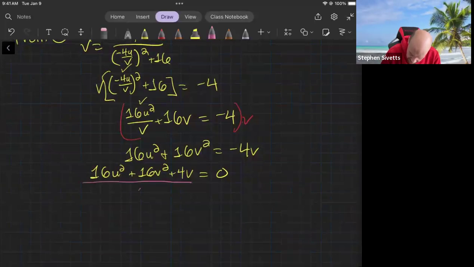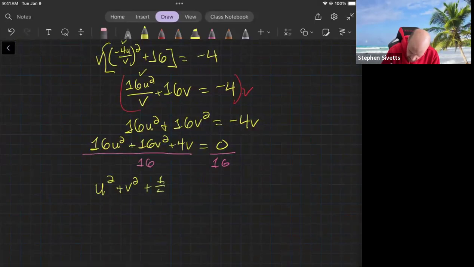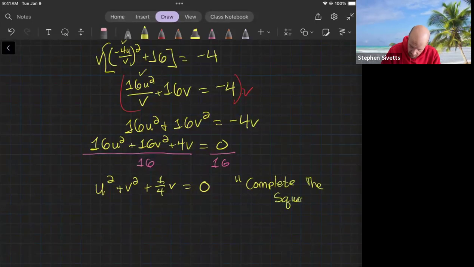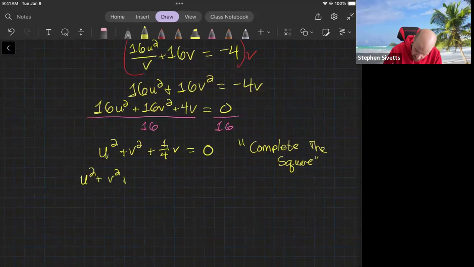If I divide both sides by 16, I will have u squared plus v squared plus 1/4 v equals 0. From here, we're going to use the complete the square method on v. So we'll have u squared plus v squared plus 1/4 v plus blank equals 0 plus blank.